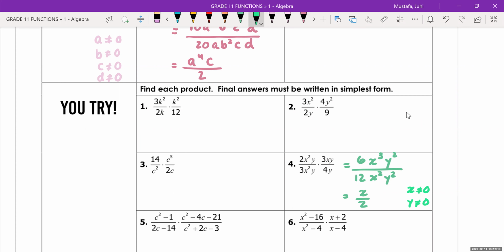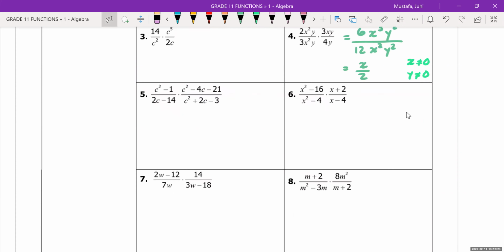So now in question number 6, we can't just cross things out because you have actual binomials. So what we're going to do is, just like yesterday, we're going to go ahead and factor every single thing that we possibly can. So I see a difference of squares in the numerator, a difference of squares in the denominator. I'm going to factor those.